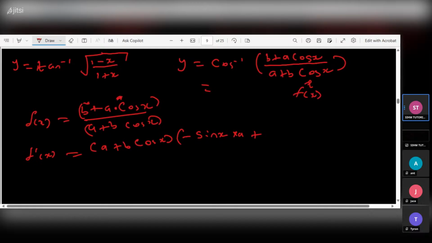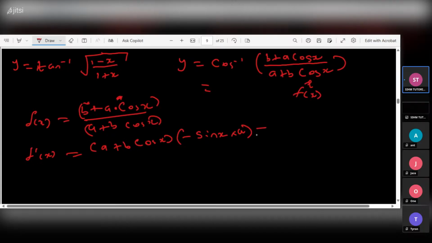Anything times 0 is going to be 0, so there is no need for us to write those things, which is also fine. So we're just going to be left with negative sine x a. Now we're going to write minus.